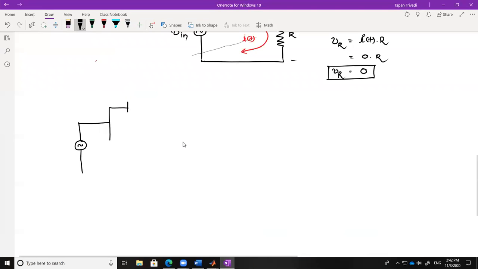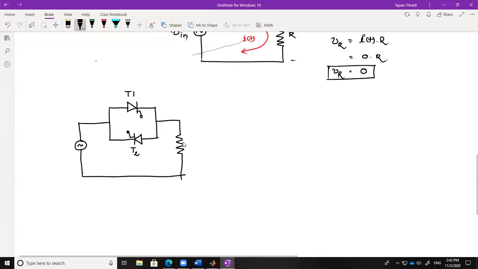For example, this is SCR number 1, let us say, and this is SCR number 2, let us say.